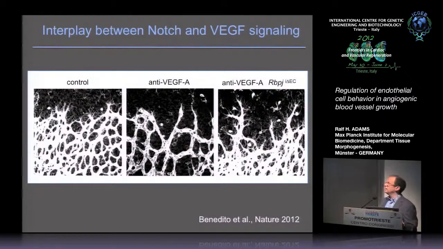And this is just at higher magnification to show you that here the anti-VEGF-A treatment is really effective. If you look at higher magnification at tips, for instance, you can see, first of all, there are very few tip cells, and filopodia are largely reduced, very short or absent. And this is not the case in the RBPJ mutant treated with the very same anti-VEGF-A antibody.